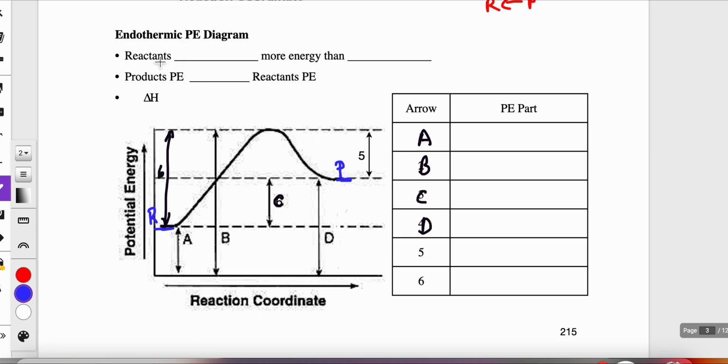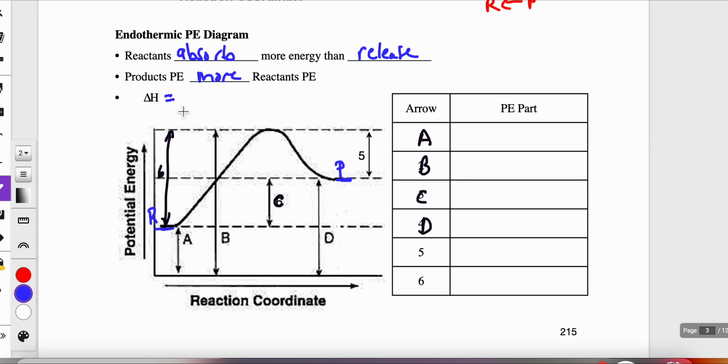So in an endothermic reaction, the reactants have to absorb more energy than they release in this type of reaction. But the end result, take a look at where the products platform ends up. It's above or higher than the reactants. So the products' stored energy or potential energy is more than what the reactants have.